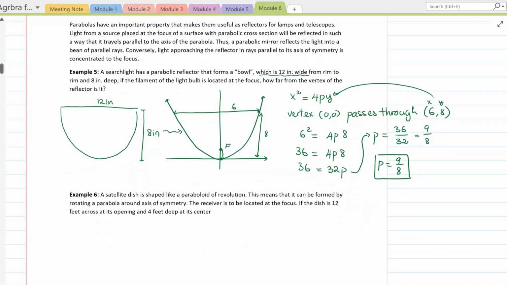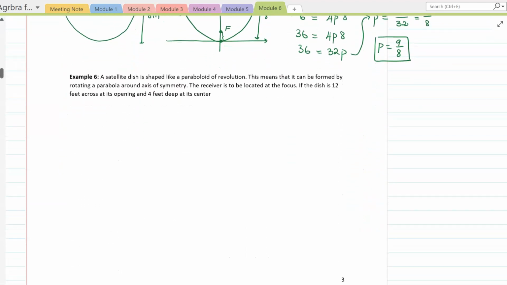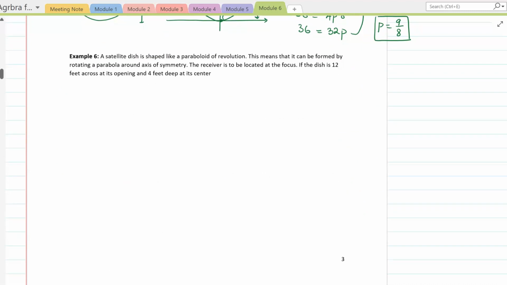Now take a look at the second problem. A satellite dish is shaped like a paraboloid of revolution. This means that it can be formed by rotating a parabola around the axis of symmetry. The receiver is to be located at the focus. Okay, so here's the cross section of the satellite.